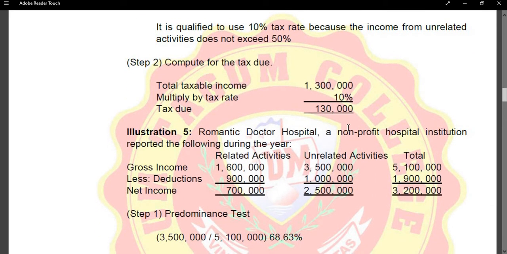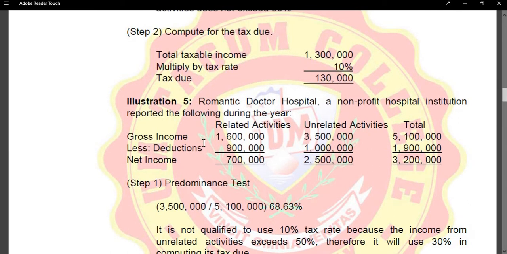Romantic Doctor Hospital, a non-profit hospital institution, reported the following during the year. So, the same as illustration number 4, income from related activities and income from unrelated activities are separated, and of course, the totals.